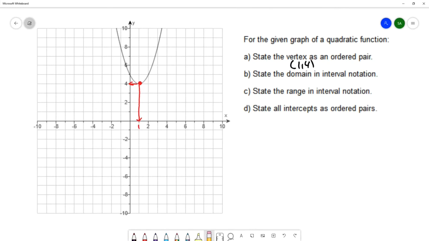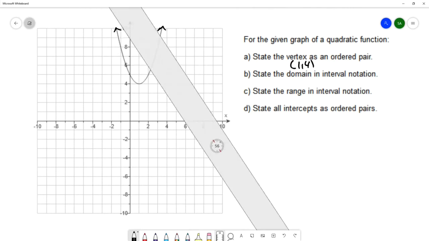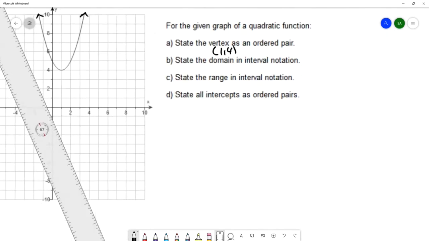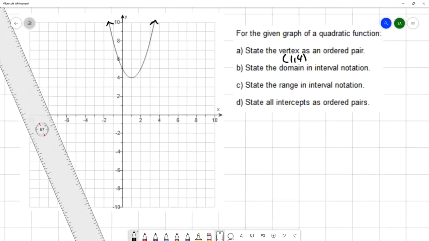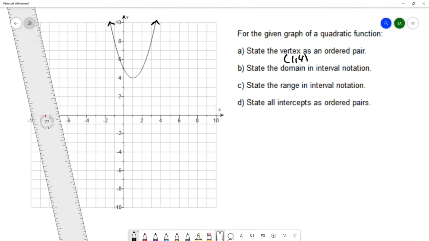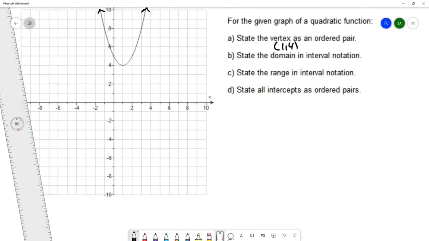The next thing we want to find is the domain of this quadratic function. Now we're going to assume that these are arrows going on forever. And if we use our ruler, we can take a look at holding that ruler vertically.